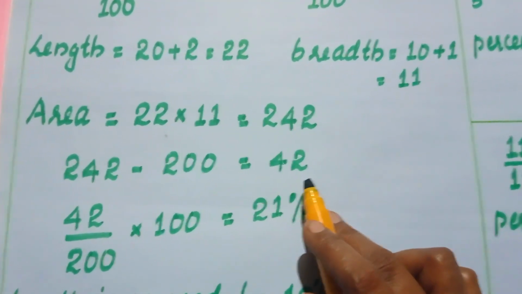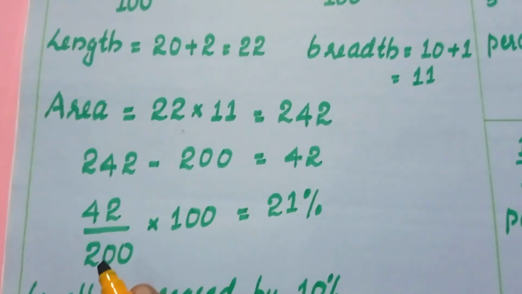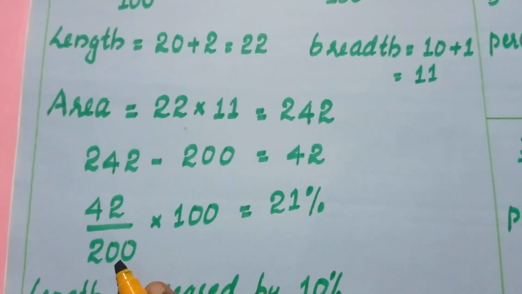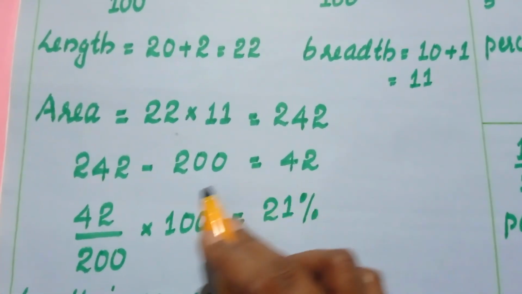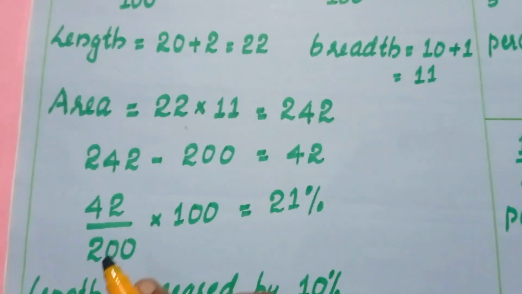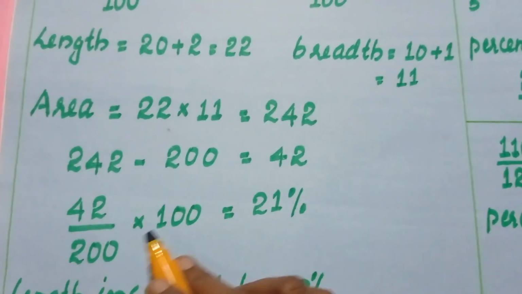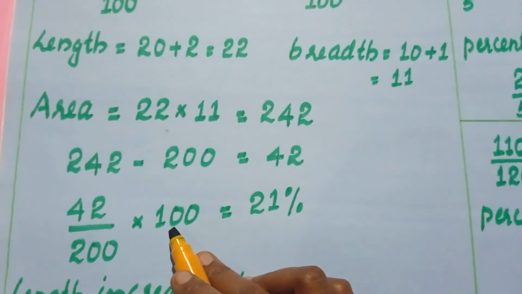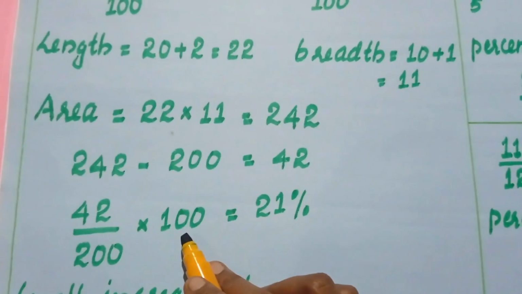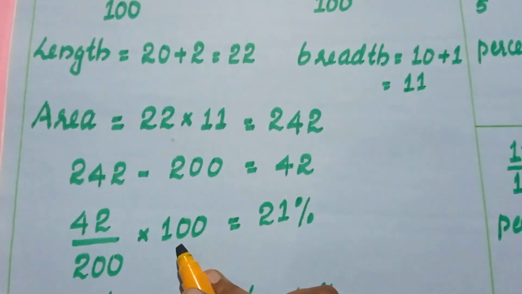Then find out the percentage of area. Out of 200, 200 is the original area. Then out of 200, 42 is the difference. Then 42 by 200 into 100. For converting to percent, multiply by 100.